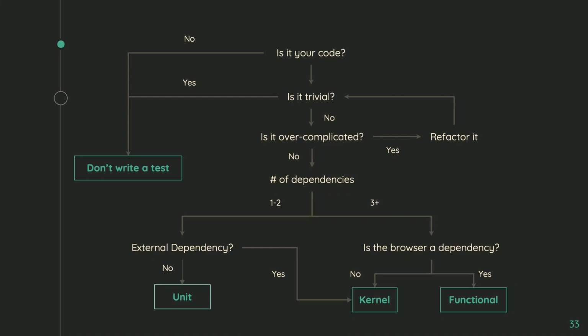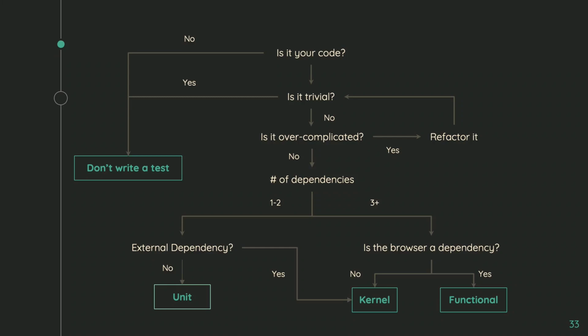If it's overcomplicated, maybe I'll add a functional test to support me while I'm refactoring it, but maybe not. Maybe I'll just clean up the code, get it to a point where I feel happier with it, then start adding my tests. I might even refactor so much that I refactor the overly complicated right into trivial, and then no test at all, and that's the best thing ever, right?